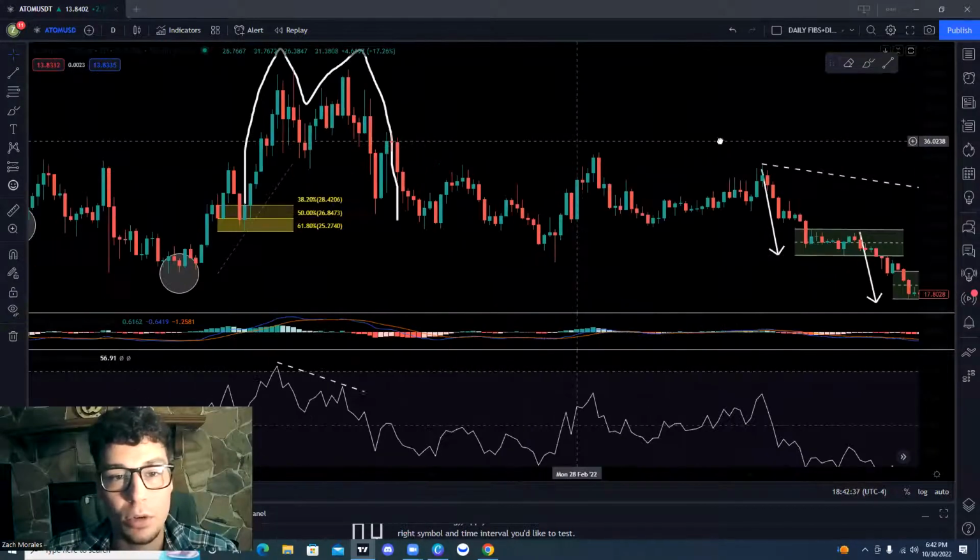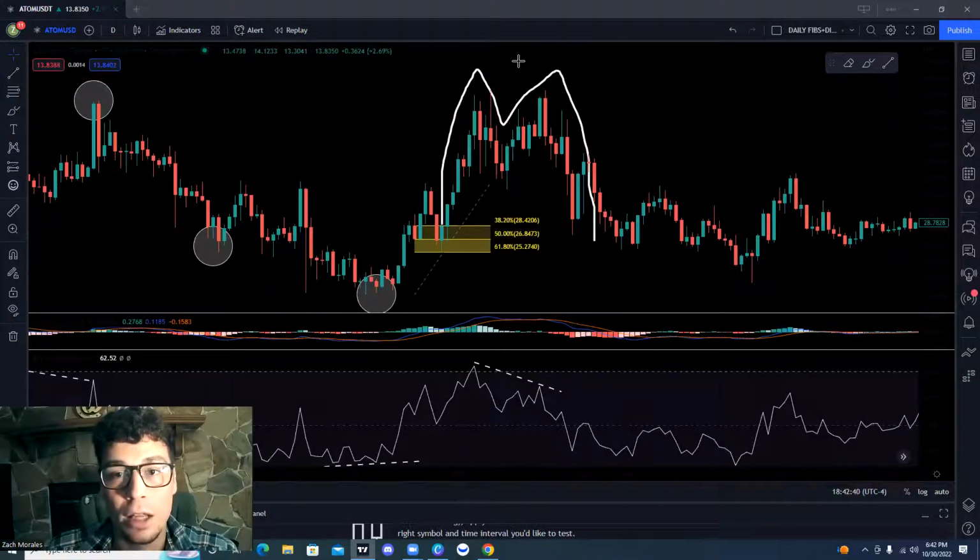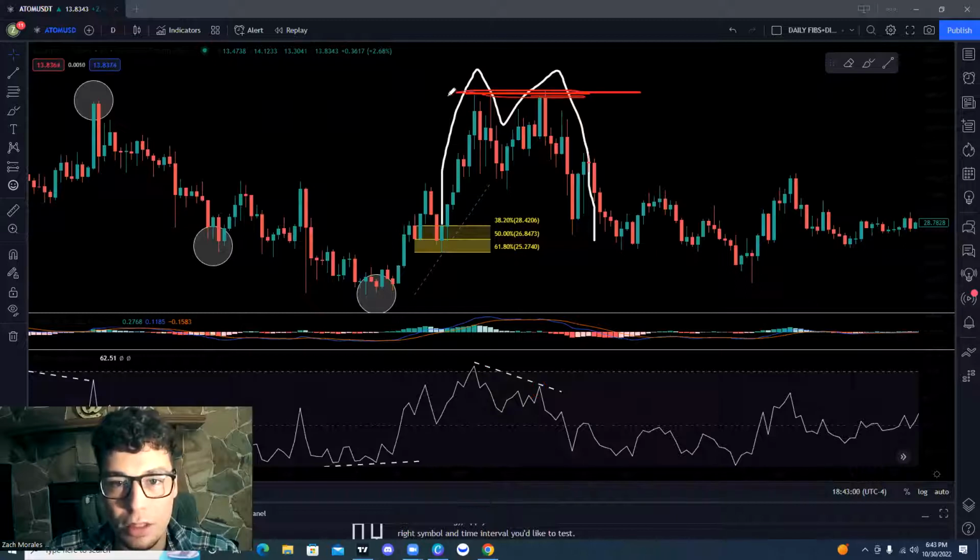Now, the first one is going to be this M pattern. You can call it a double top, where we have a top here and a top here, or you can call it an M pattern. Whatever you want to do, that's fine. But notice how we have our double top, which is a bearish pattern, and then we have our relative strength index showing a divergence. So we're basically remaining flat and holding these levels with the double top, but the relative strength of the token is dropping.